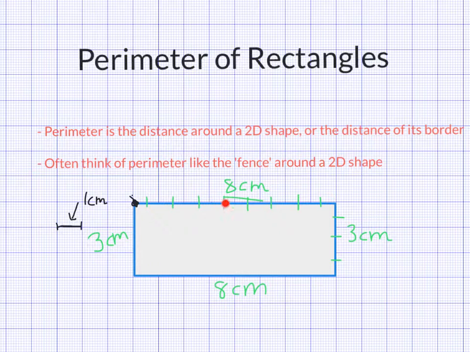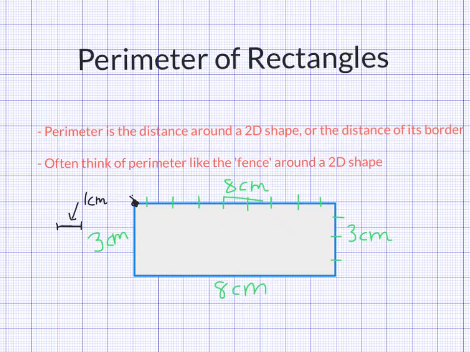Taking my pointer for a walk, 8 centimetres on this side, turn the corner, plus another 3 centimetres, 8 plus 3 is 11, so I've gone 11 centimetres so far, making a way around the border or the perimeter, plus another 8, 11 plus 8 is 19, final turn and the last side of the perimeter, 19 plus another 3 is 22 centimetres.